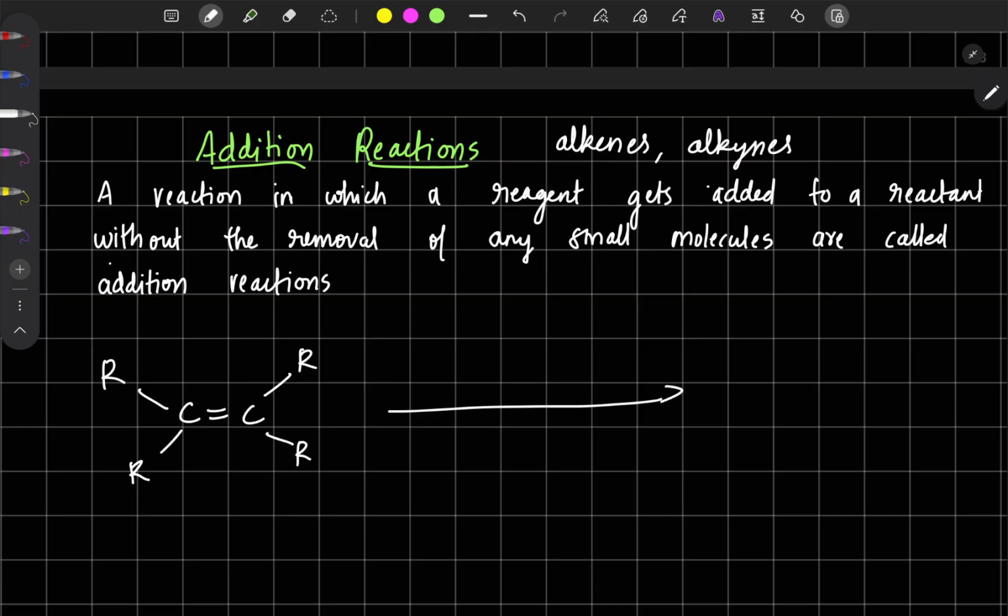The reaction that we are studying is the addition of hydrogen to this compound. For that we require a catalyst, like a nickel catalyst, or a palladium catalyst can also be used.